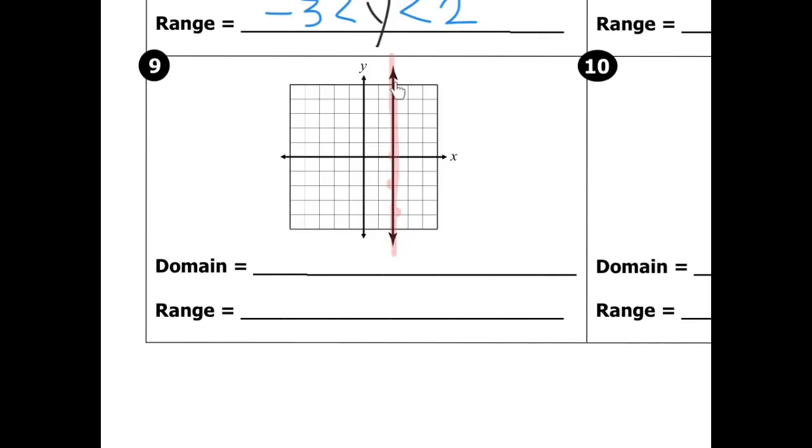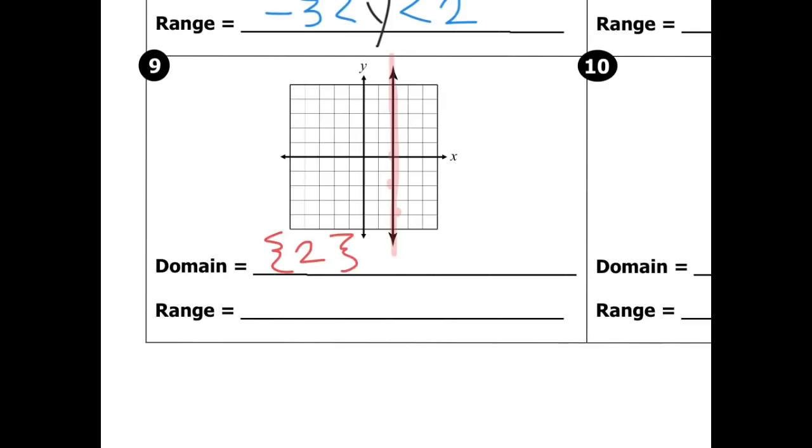Doesn't matter how far up or down I'm going, what my y value is, but I'm always moving over 2. So that means that my domain only has one number involved in it. I am always going left or right 2.